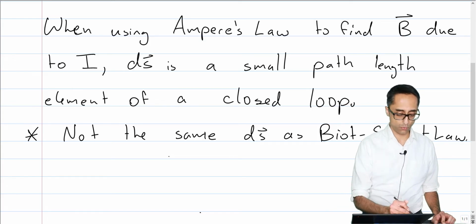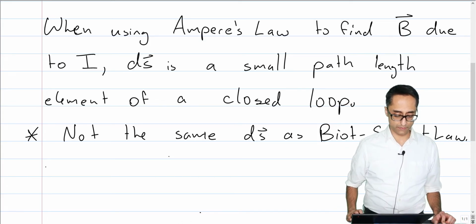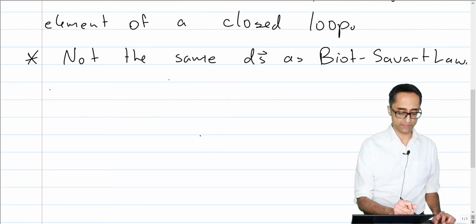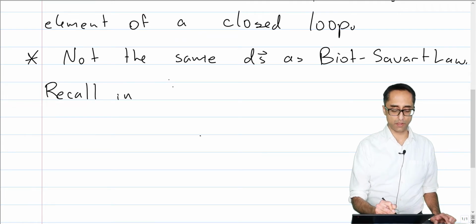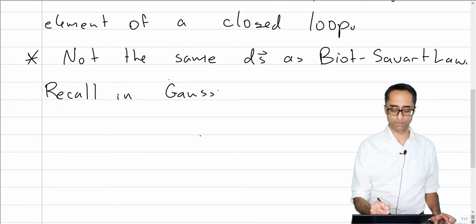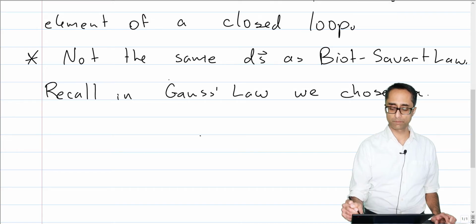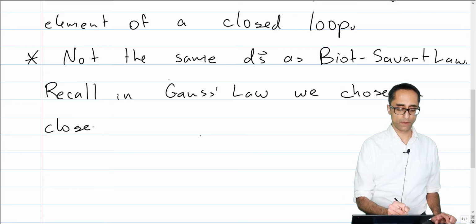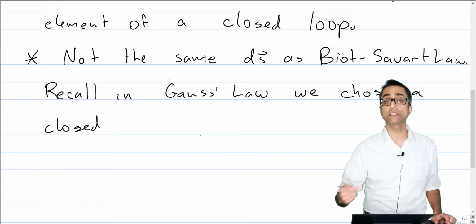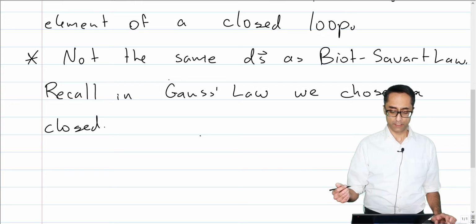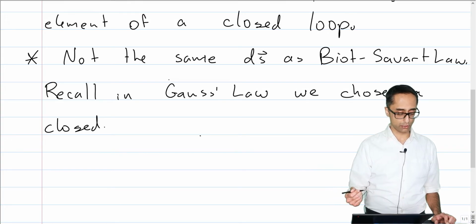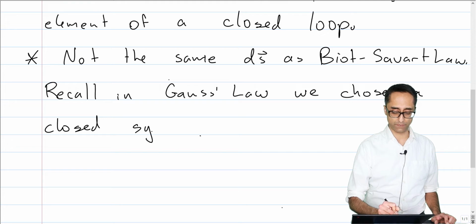All right, and so let me also write down, as I was saying, recall, in Gauss's law, we chose a closed symmetric surface. And remember that that symmetric surface went through the point we were trying to calculate the electric field of.